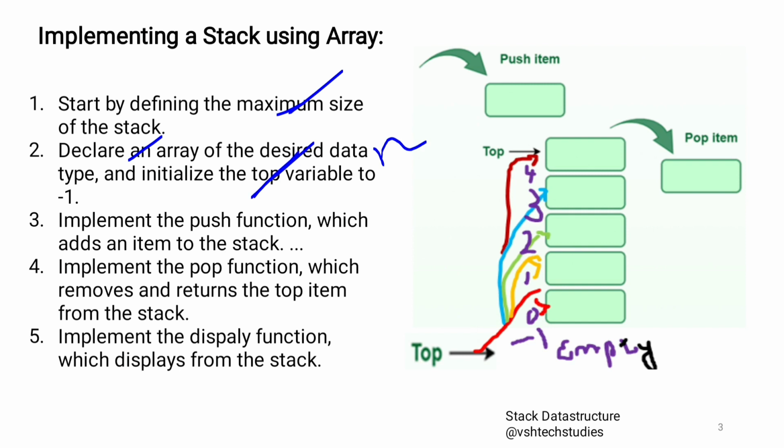Then declare the top variable and initialize it with -1. Implement the push function for adding an element to the stack, then the pop function which removes an element from the top position, and the display function which displays the elements of the stack. So these we are going to do.